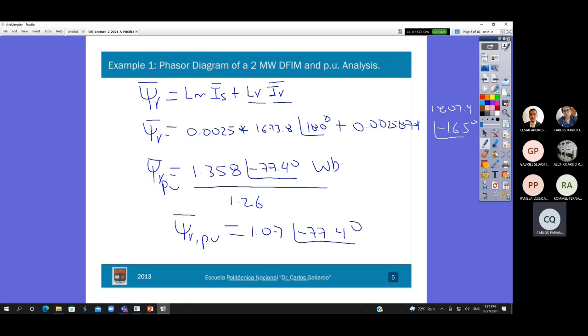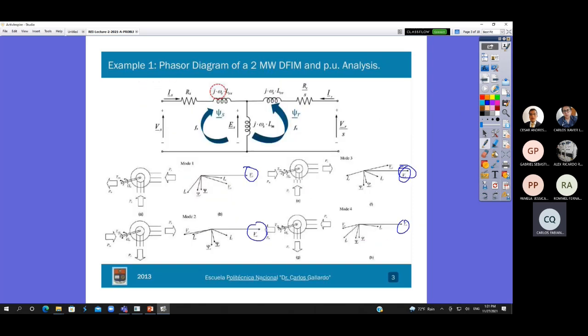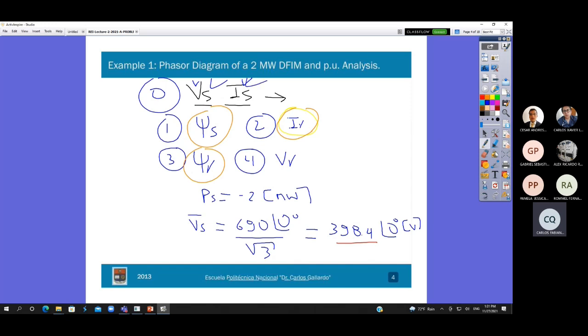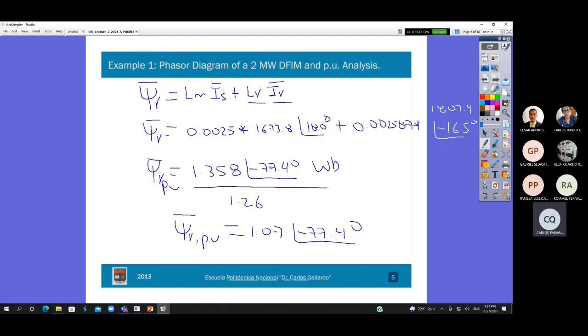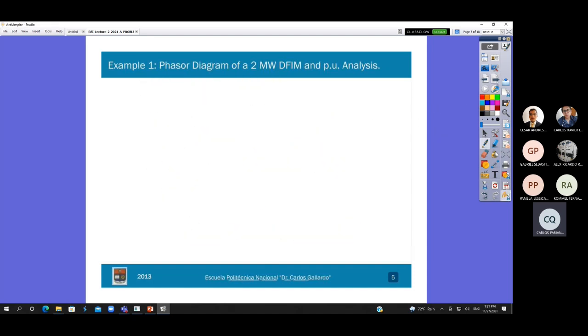So according to our methodology, let's look back. We have already computed the voltage, the current, the stator flux, and the rotor flux. So finally, the rotor voltage. All the phasors are computed except the rotor voltage, so the last phasor is the rotor voltage.